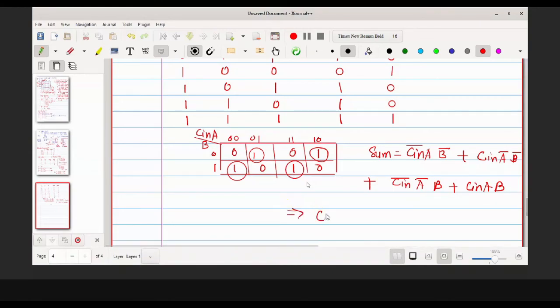Okay, so C in bar, A B bar plus A bar B.